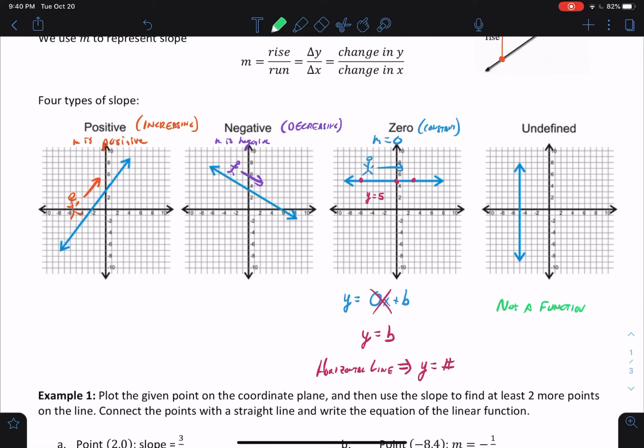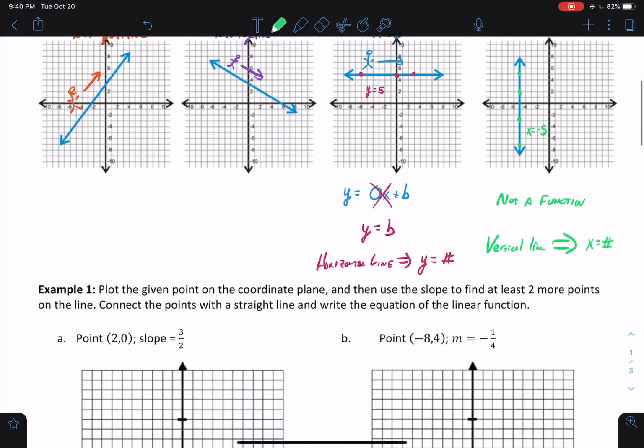And notice everywhere on this line, the x coordinate stays the same. So a vertical line means that we're going to have x equal to a number. For this problem, it's x equals -5. So those are the 4 types of slopes. The first 3 are linear functions. An undefined slope is not a function.